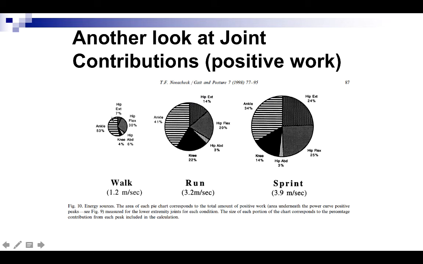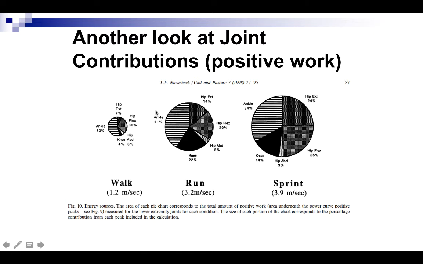And another look at the positive work as it's being distributed across different speeds. We see here during walking a really phenomenal result. This pie chart shows the distribution of positive work done at the hip, knee, and ankle, and the hash marks are the contribution of the ankle, which is nearly over 50% of all the different joints, meaning the ankle contributes a major amount of the positive work needed to move the trunk forward.